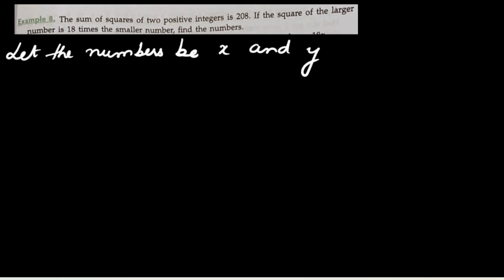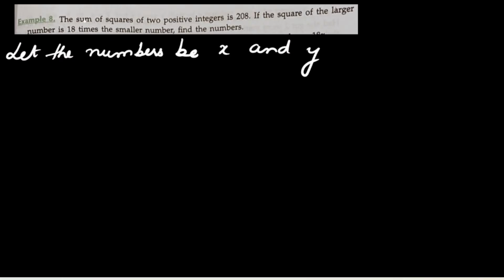First of all, we have to assume the numbers because two positive integers are there. Let the numbers be x and y. Like in previous questions, we can do the same way. These are not consecutive numbers or anything else, so we simply assume one number as x and the other as y.